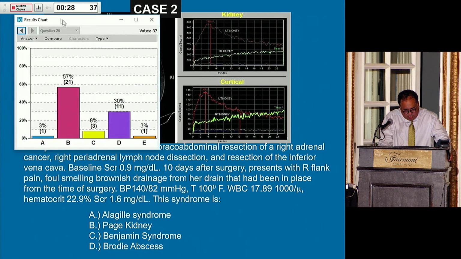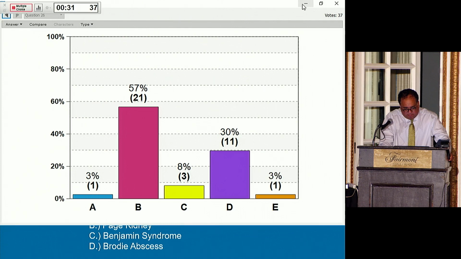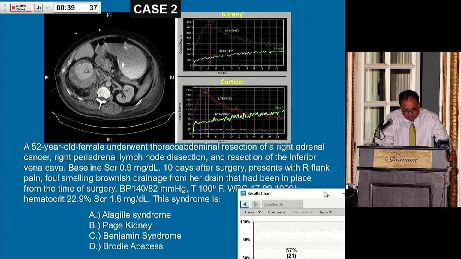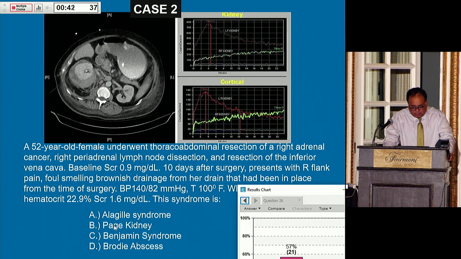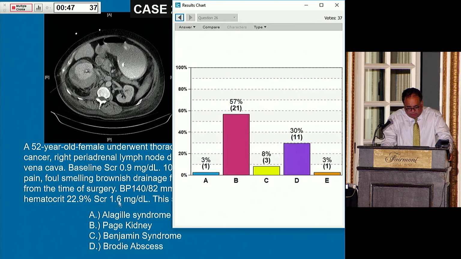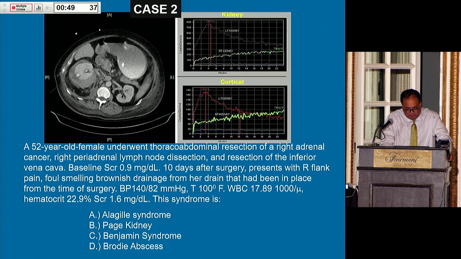So, seems like about 57% got B, and about 30% got D. So, I think most people thought that she had some sort of problem with the kidney, which is good, right? You thought either she might have Page kidney or she had Brodie abscess. Probably the Brodie abscess was a guess, right? Because you thought she looks like she has an infection, right? This is the Page kidney.